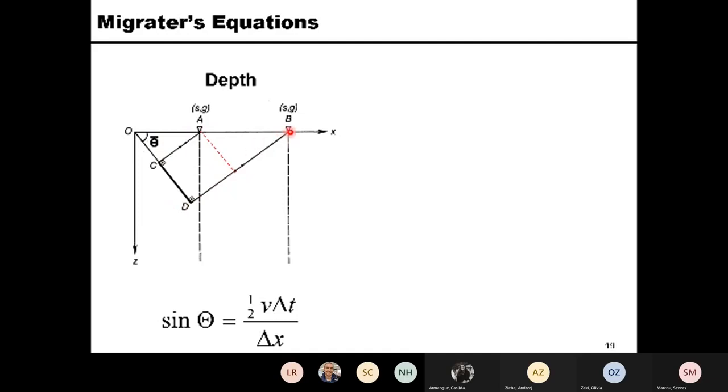Delta t means B travels longer than A. So we travel down, come back. So the delta t actually doubles the time. So delta t times velocity is double the travel distance. So for this triangle, you should have half in terms of length, right? So that's the sine. Sine theta bar equal to this length over this length. It's easy to understand, okay?